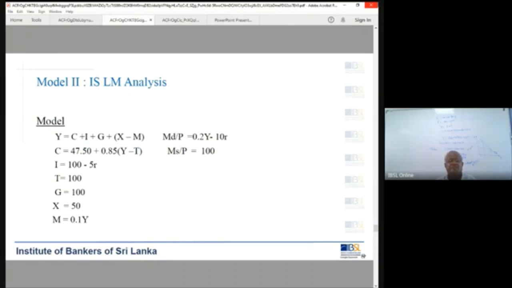Then C, the consumption function; I, the investment function; T, taxes; G, government expenditure; X, exports; M, the imports function. What do you do? You substitute all these equations into the first equation. Simplify, simplify, simplify, and get the relationship between interest rate and income. That is the IS curve.